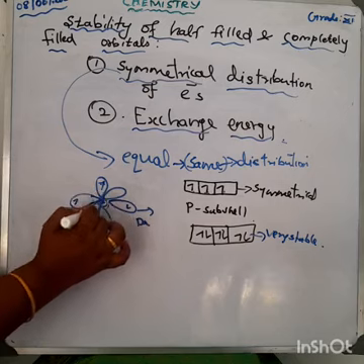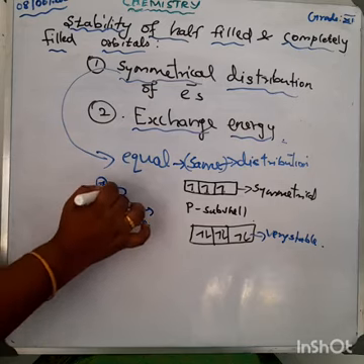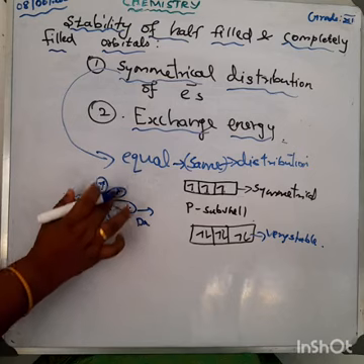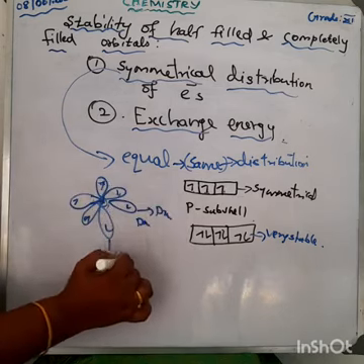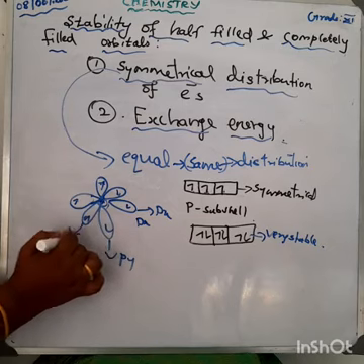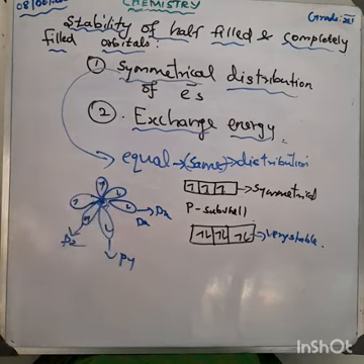So each orbital has equally distributed electrons. Here the shielding effect is also very small.